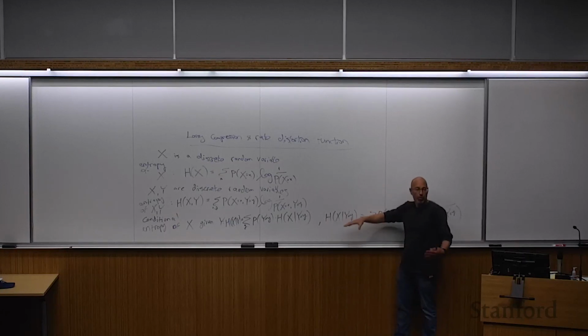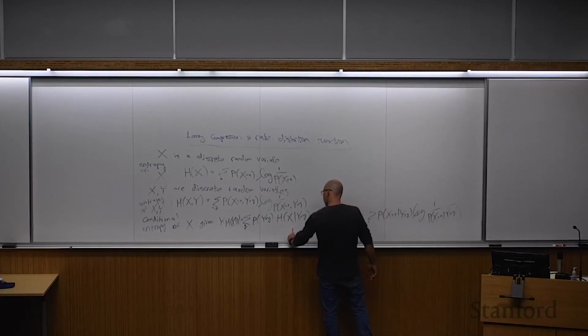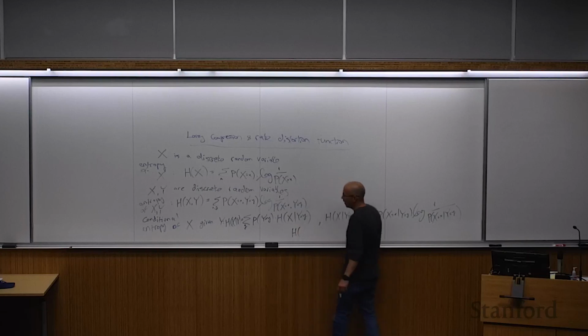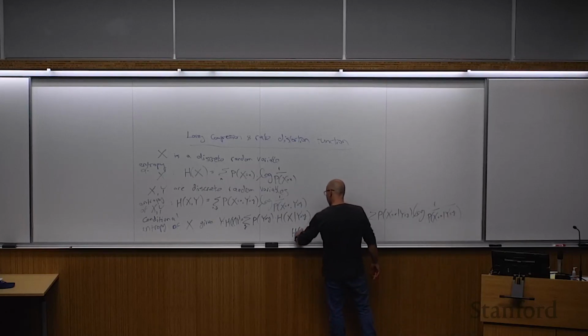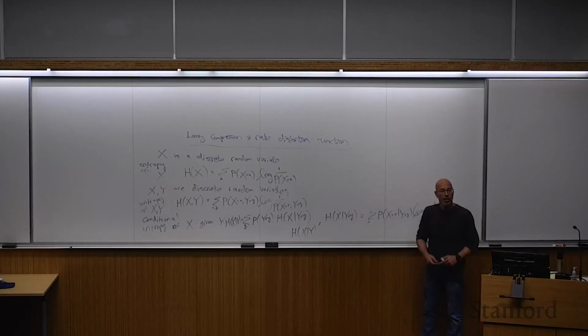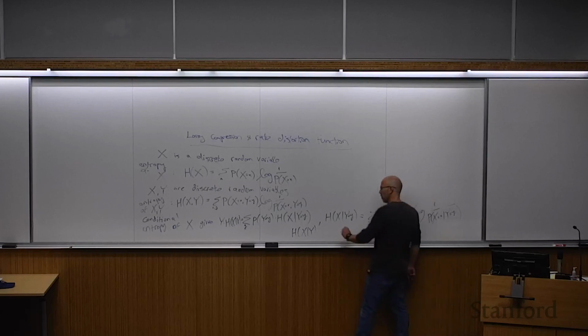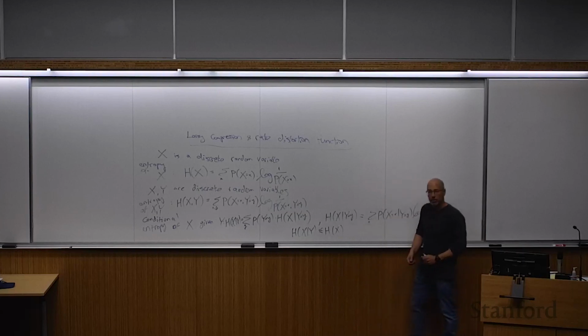These are different numbers. And one of the things that you'll recall is that the property of this conditional entropy is that conditioning reduces entropy. So the conditional entropy of x given y is always no more than the entropy of x.